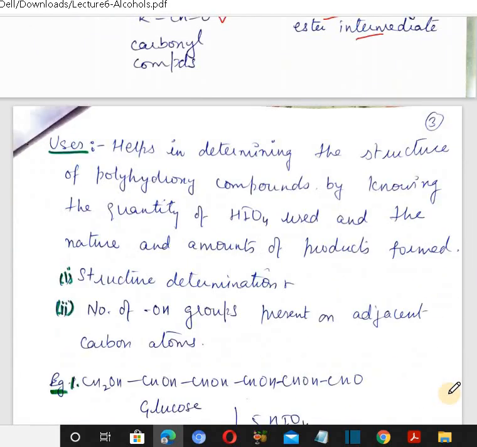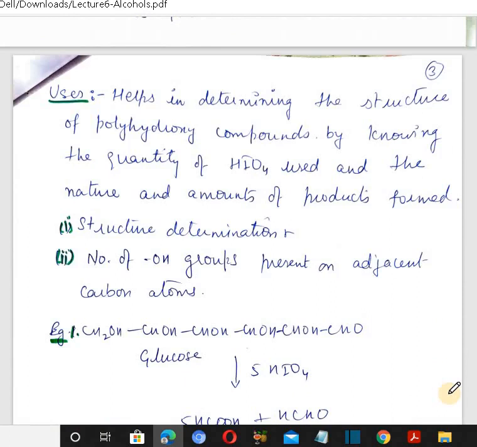So next is their uses. They help in determining the structure of polyhydroxy compounds, that is compounds, generally carbohydrates, in which hydroxy groups are present in large number. There we can use periodic acid to find out how many OH groups are present, that is by knowing how much periodic acid is used and the amount of products formed.